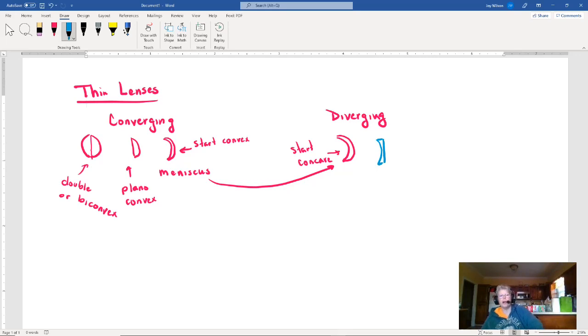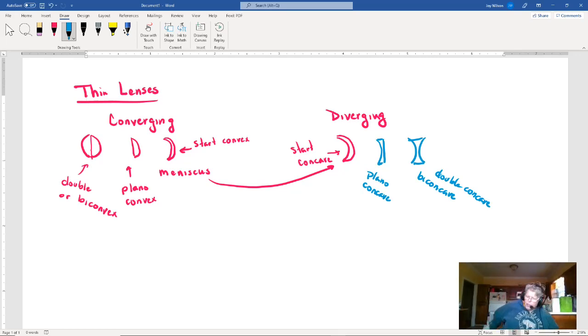And then you have the ever popular double concave, which looks sort of like an hourglass actually. So this is plano concave. And this is biconcave or double concave. So we're going to talk about these two.